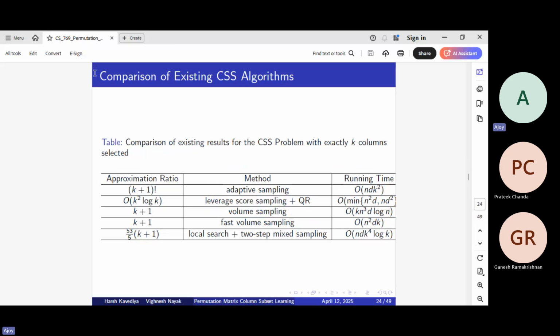So some of the previously proposed algorithms, as you can see, are linear in terms of the dimensions of the matrix n d, like the adaptive sampling technique, for example. However, they had a very bad error approximation ratio, which was in terms of a factorial. So what they propose is a method that keeps the running time in the order of the dimensions of the matrix, and also reduces the error approximation ratio to be of a linear time algorithm.